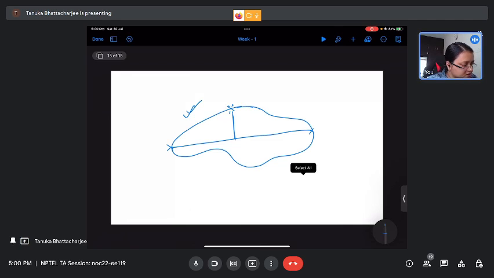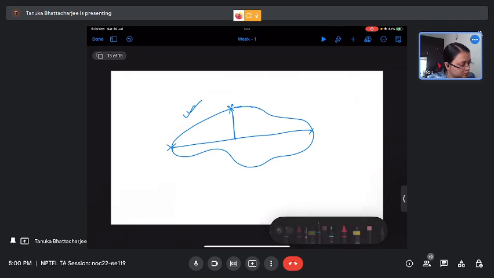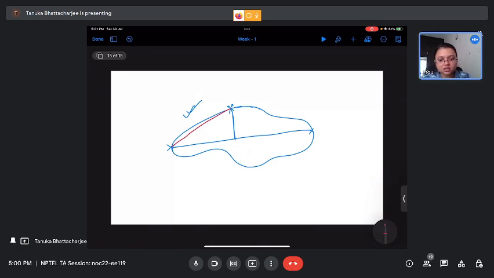Let's say the shape is like this, and you have your joining line as this. You have almost reached the boundary, so whatever the maximum distance is, that is very small. So it depends on what resolution you want.